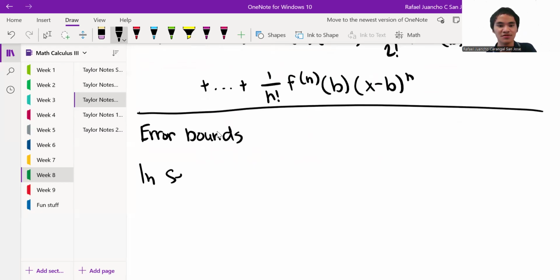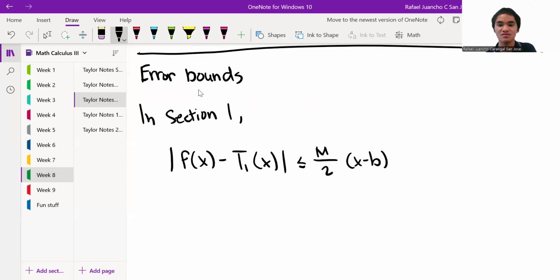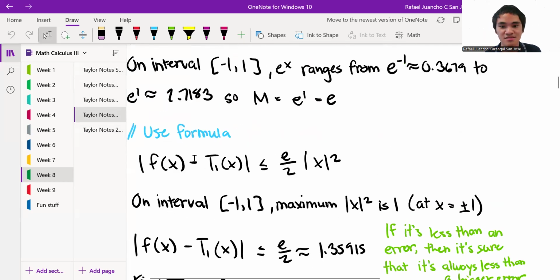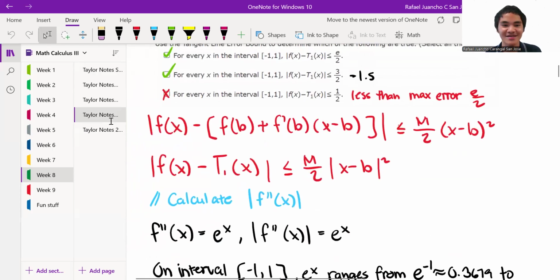In section 1, we talked about how to get the error bounds of a first Taylor polynomial, and that's this formula. |f of x minus T sub 1| is less than or equal to M over 2 times |x minus b| squared. Let me see if I got that one, because I feel like I don't remember. Yeah, okay, so I did.